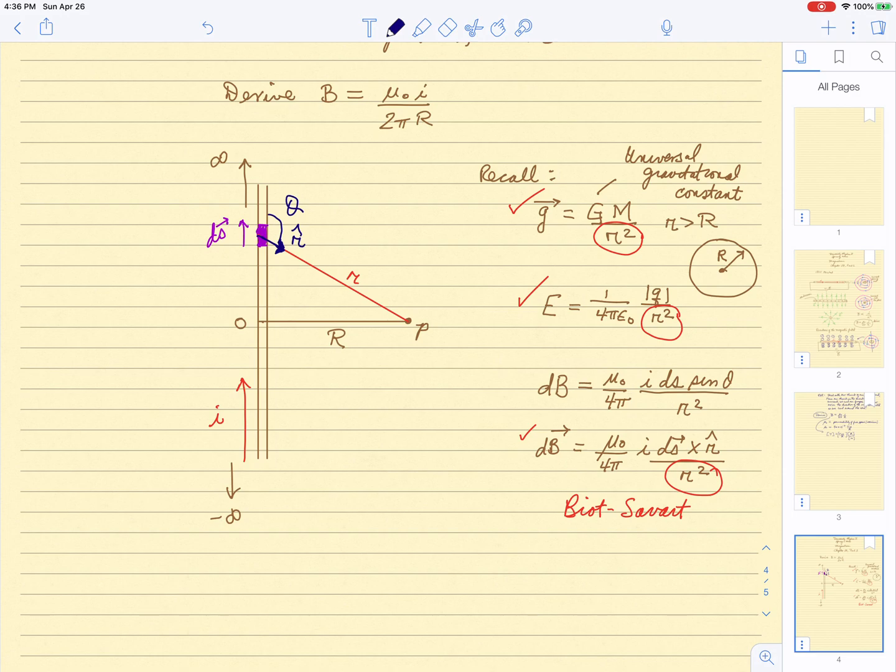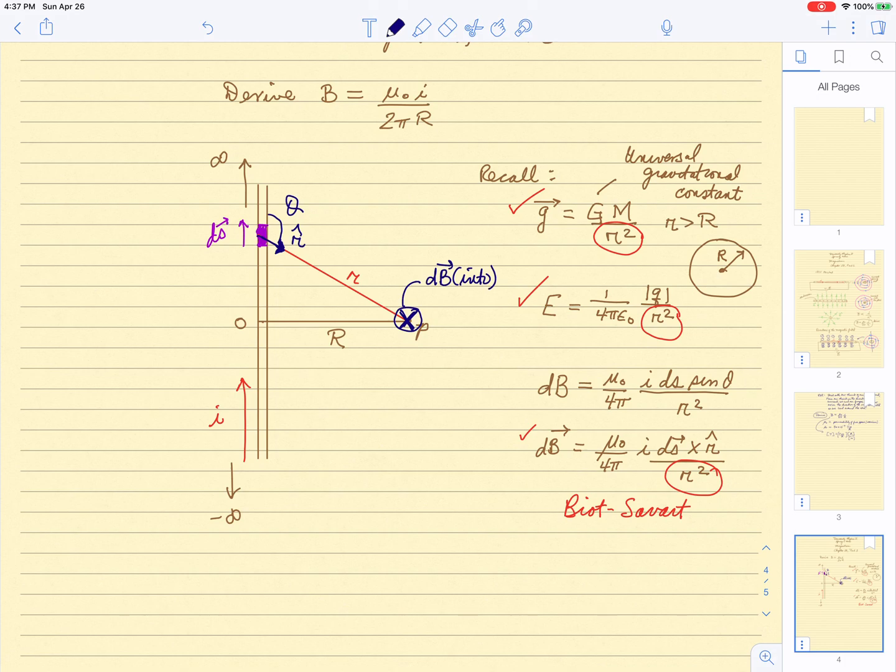And the magnetic field at point P, using the right-hand rule, is going to be into the plane of the paper. So dB is into the plane of the paper.